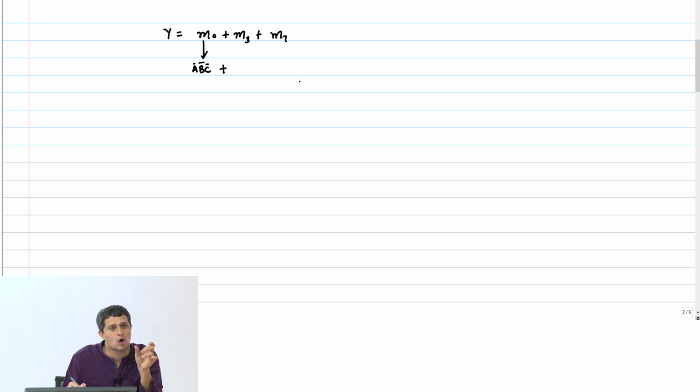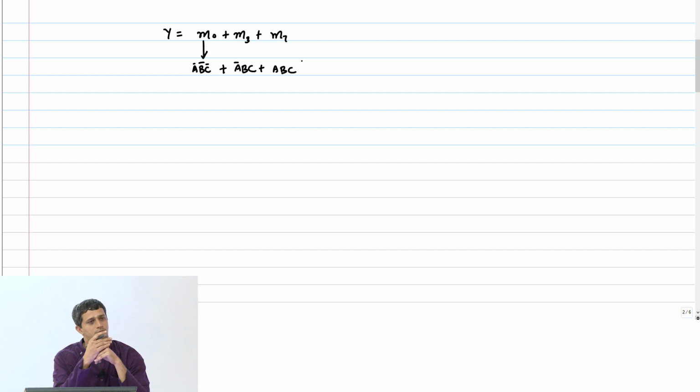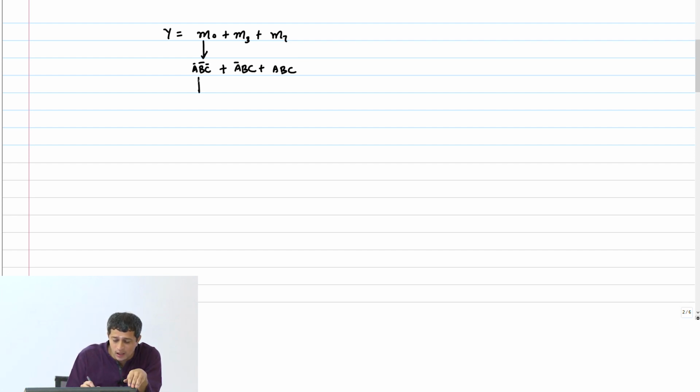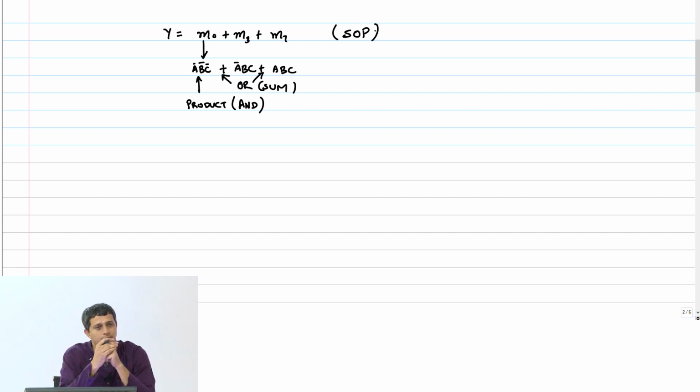Then I have an OR of the other term, A bar, B, C plus A, B, C, right? So there is a product, and that's nothing but an AND condition. And there is a sum operation that is being performed here, which is an OR condition. This is the sum. That's why it's called sum of product, SOP, right?